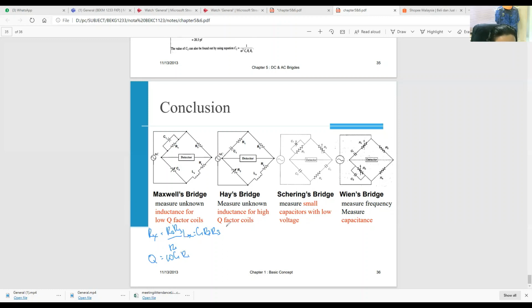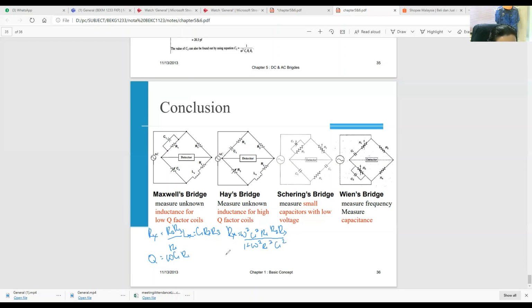For the Hay bridge, Rx equals omega squared C1 squared R1 R2 R3, divided by 1 plus omega squared R1 squared C1 squared.